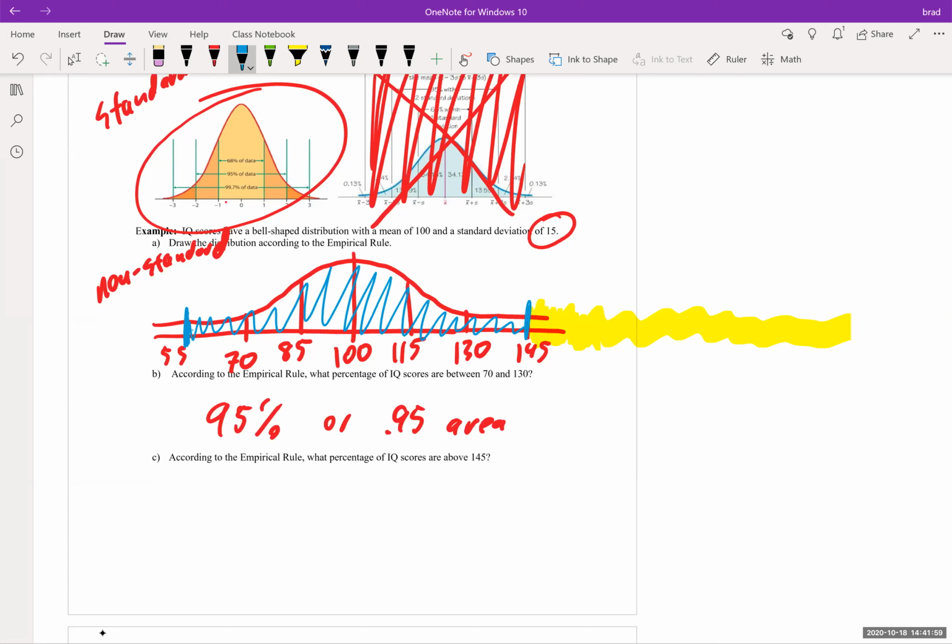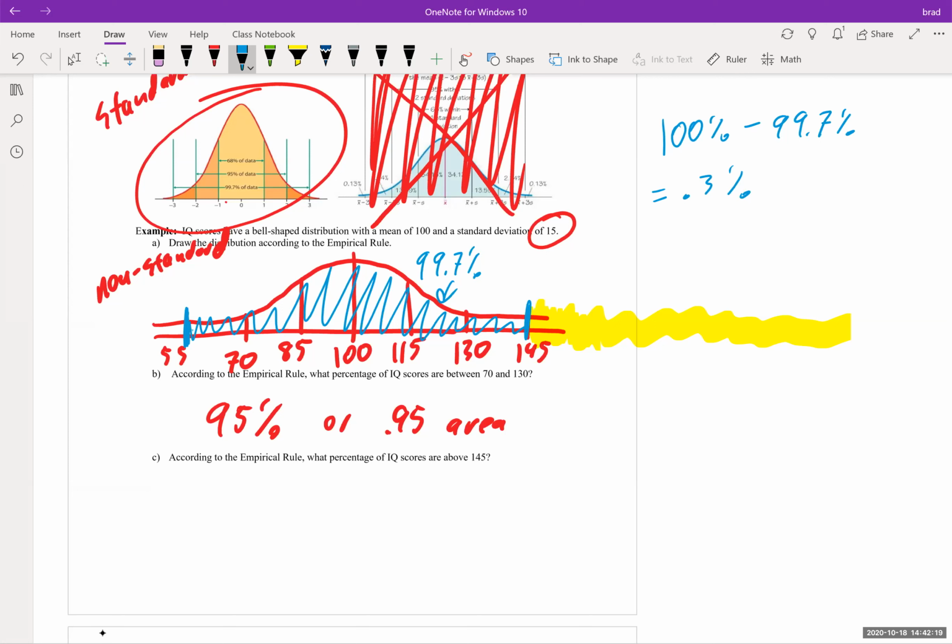Well, according to the empirical rule, 99.7% is in the middle, right? In between 3 standard deviations. Well, then what's left over? If I do 100% minus 99.7%, I end up with 0.3%, okay? But remember, this is symmetric.